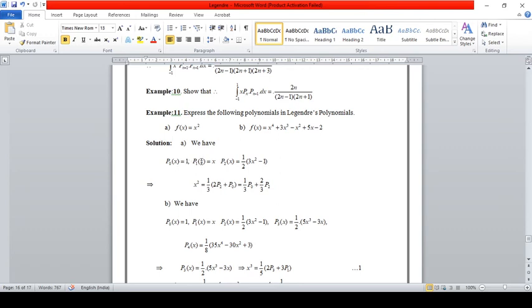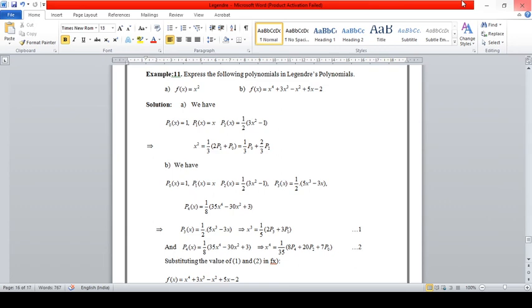P0(x) is equal to 1, P1 is equal to x, P2 is equal to 1 upon 2 into thrice x square minus 1. From this, x square is expressed through P2; substitute the value of P2 in place of x square and P0 in place of 1. This is the expansion in Legendre polynomials.